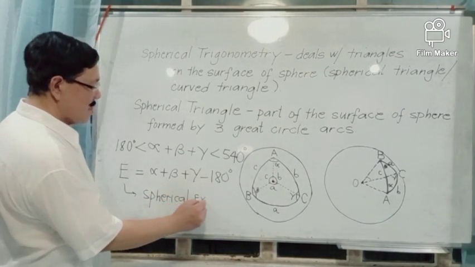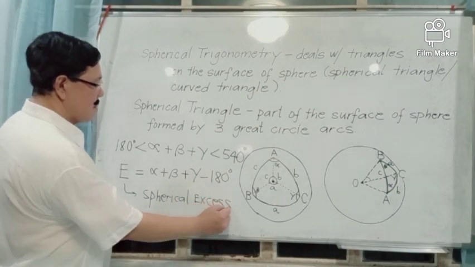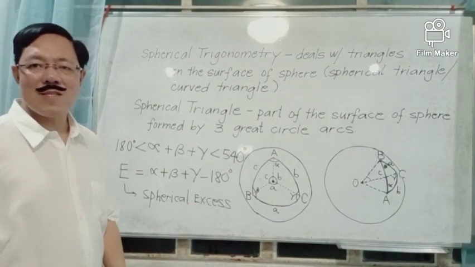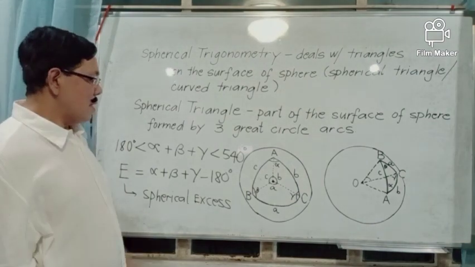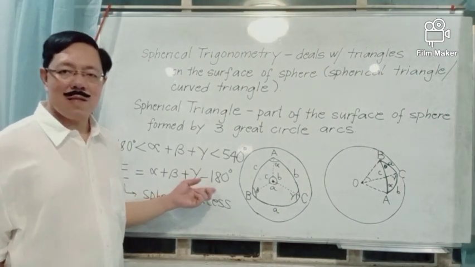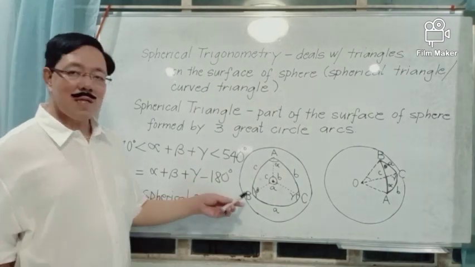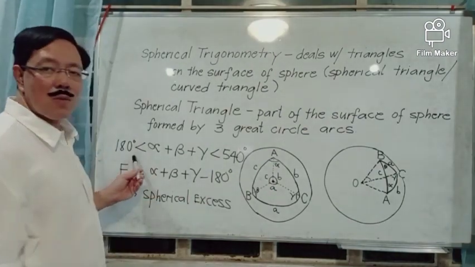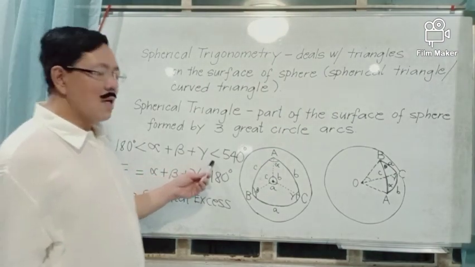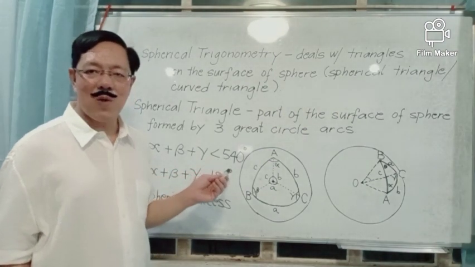Spherical excess is the difference between the sum of the three surface angles of a spherical triangle and 180 degrees. Again, in a spherical triangle, the sum of the three surface angles can be more than 180 degrees, but less than 540 degrees.